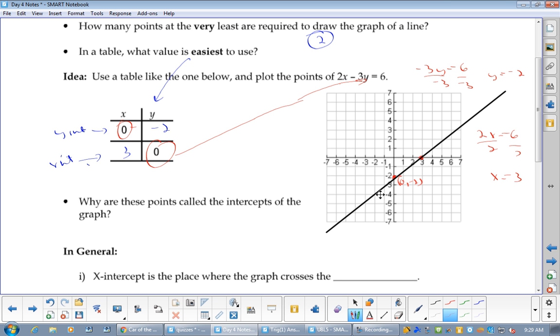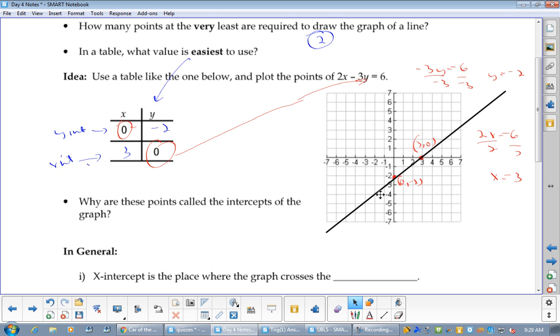Do you see that whenever you go through the y-axis, x will be 0? And this is 3, 0. So whenever you go through the x-axis, y will equal 0. That's an always, okay? Great thing about math. There's tons of always. Not a lot of gray in math, right?